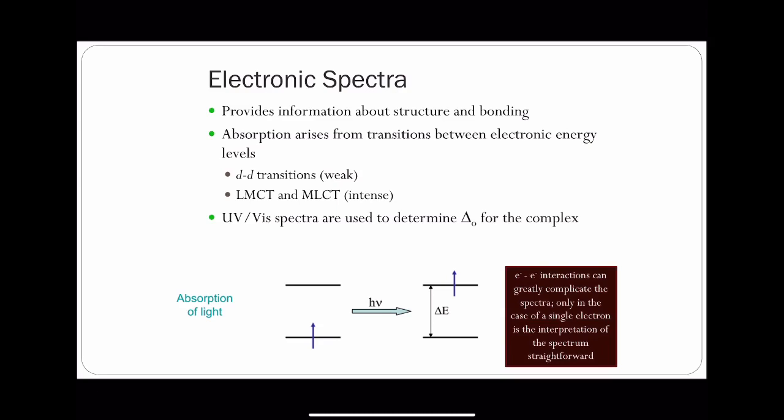Before we move on, what I want to go ahead and do is address selection rules for our electron transitions. So again, we're going to be focusing on octahedral complexes. And in our octahedral complexes are electronic transition selectivity rules.